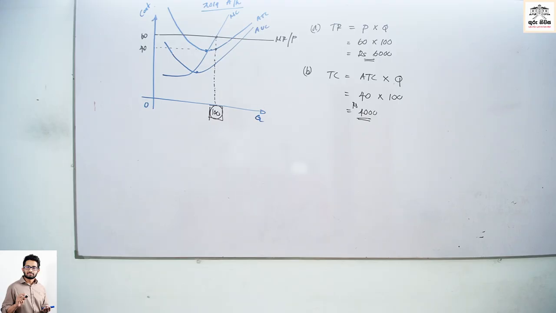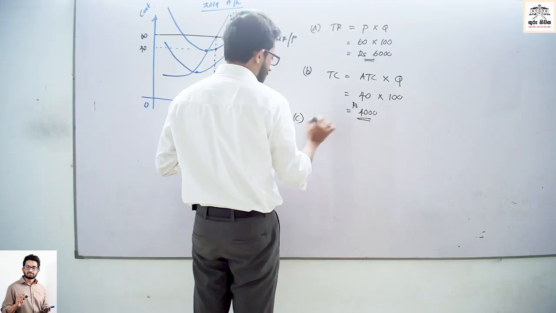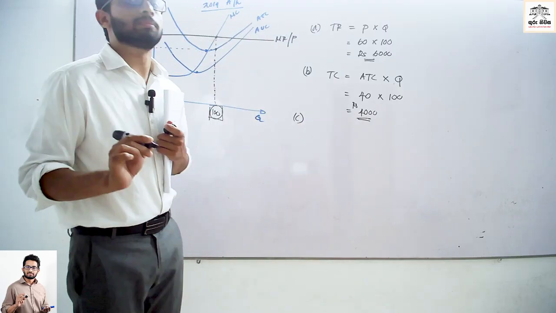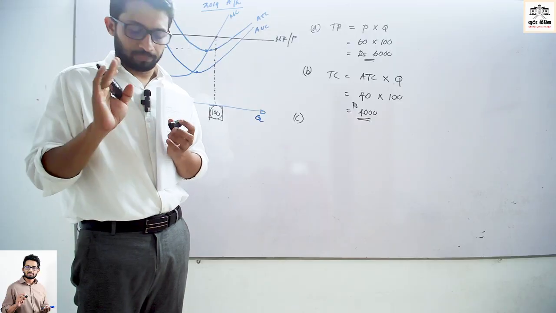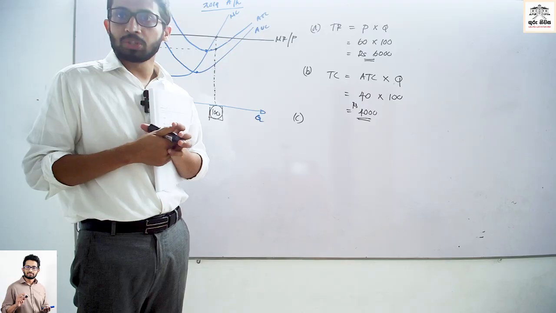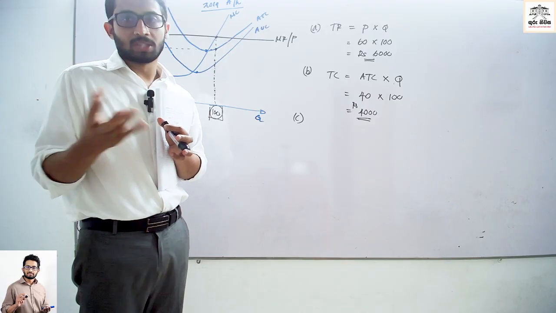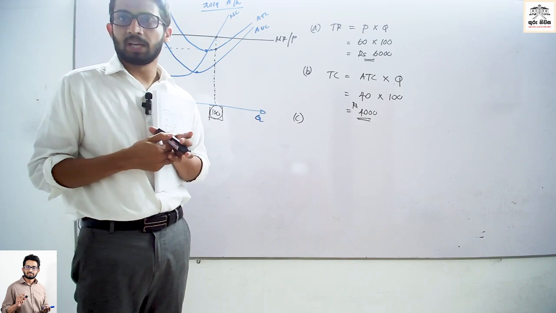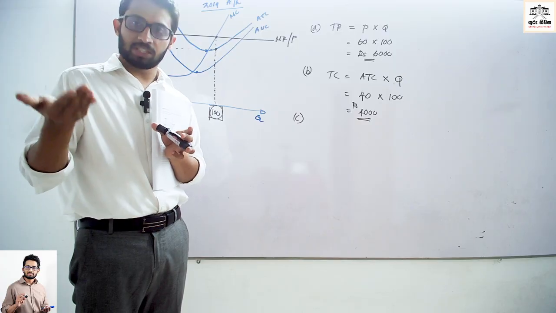Third one, Buddha, is the total fixed cost of the firm. C, total fixed cost. The graph does not show the total fixed cost straight away, because these are average values, right? You can calculate total fixed cost using average fixed cost.